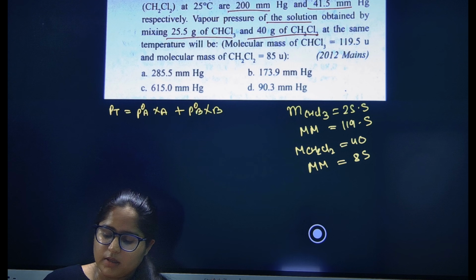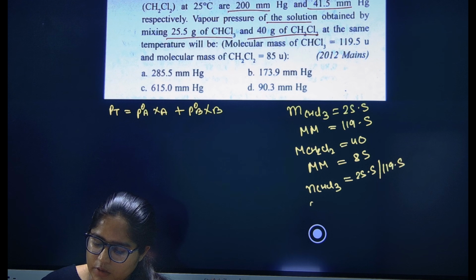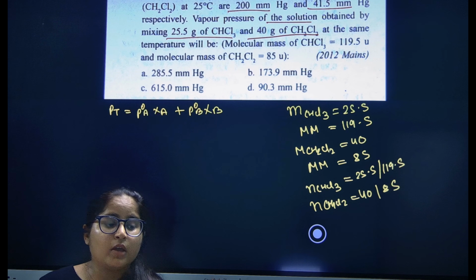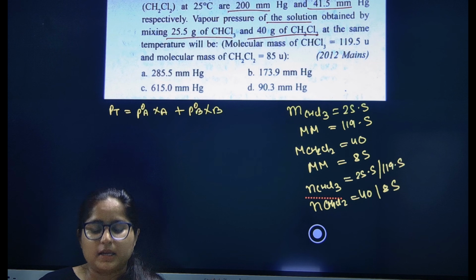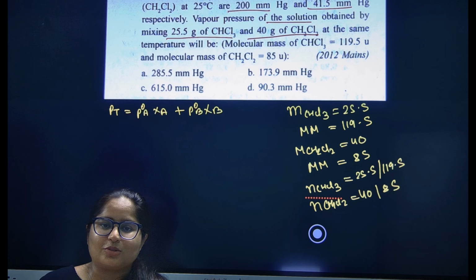If I know mass, I can find out mole. Mole of CHCl3 will be equal to 25.5 by 119.5. Mole of CH2Cl2: given mass 40, molar mass 85. Now I have got mole, so I can find out mole fraction.